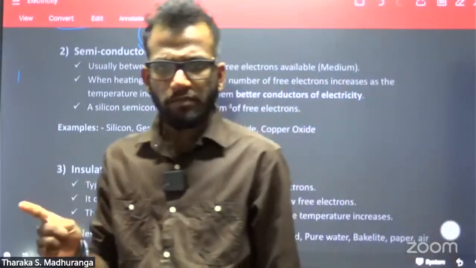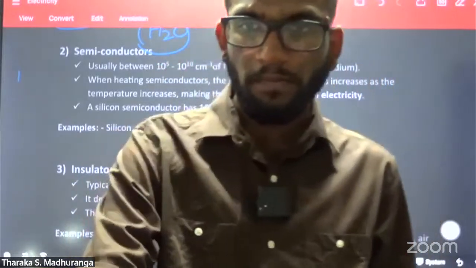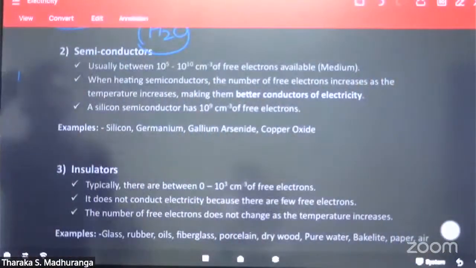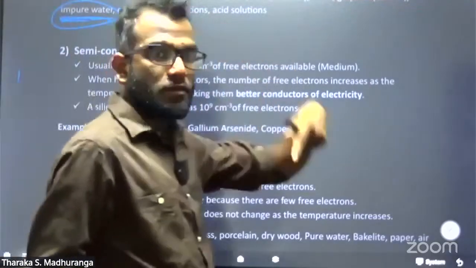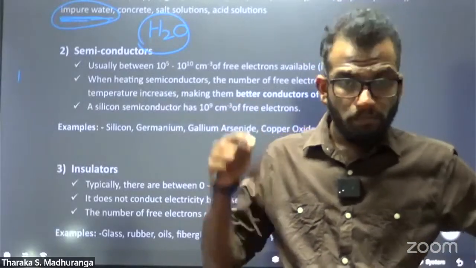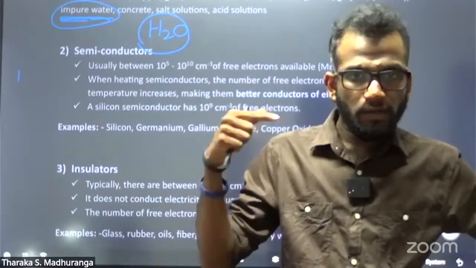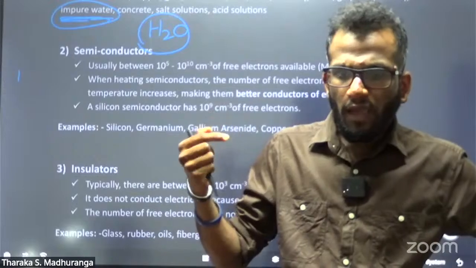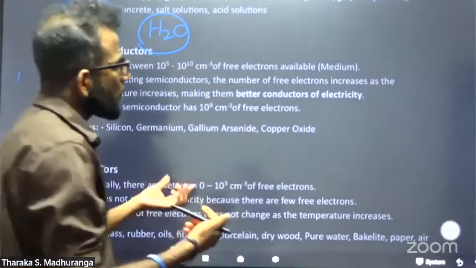Semiconductors are mainly of two types: intrinsic and extrinsic. Intrinsic means pure semiconductors, from the fourth periodic group, molecules like germanium and silicon. They are pure semiconductors. Then what is the other type?